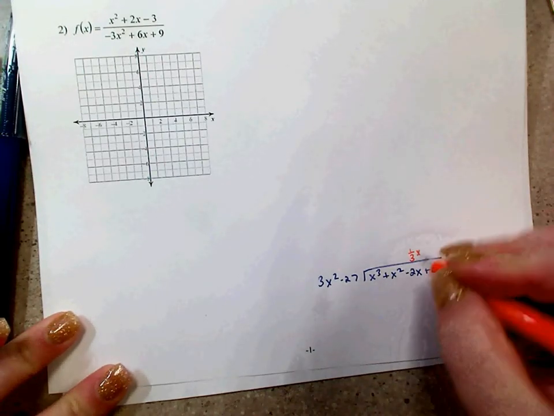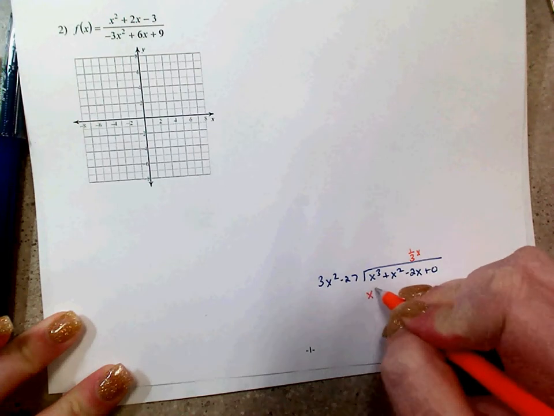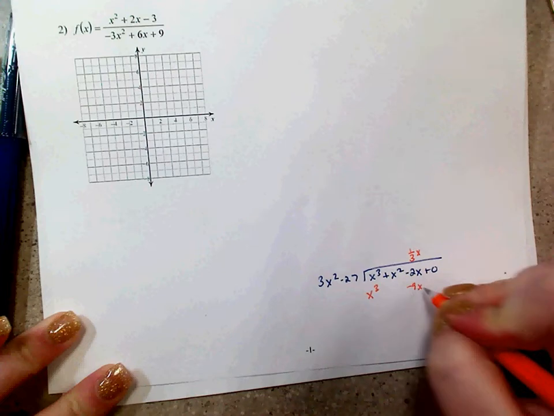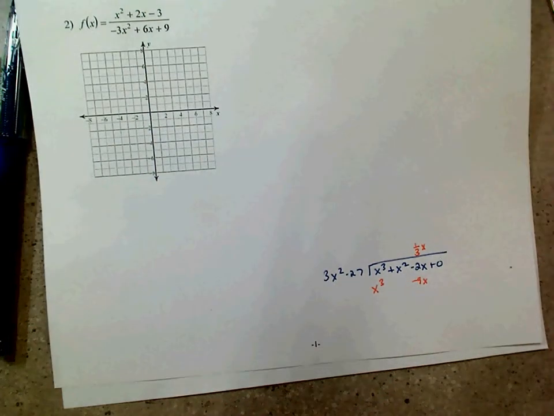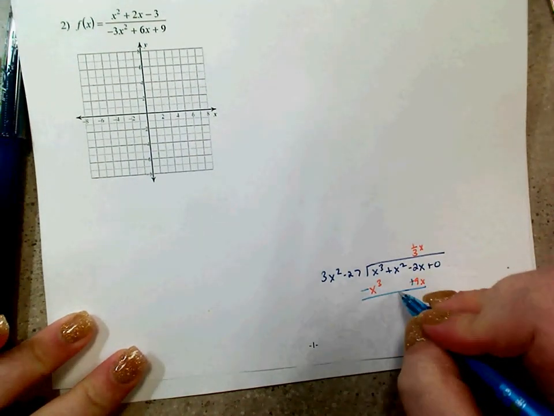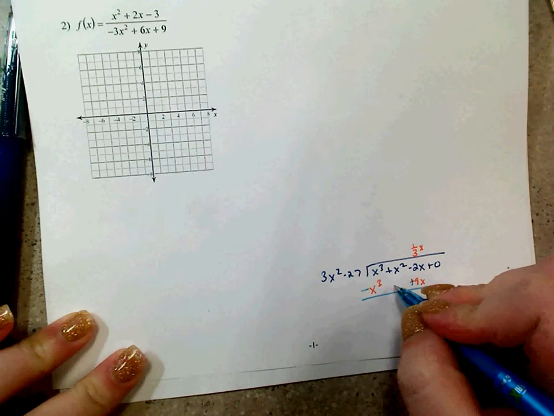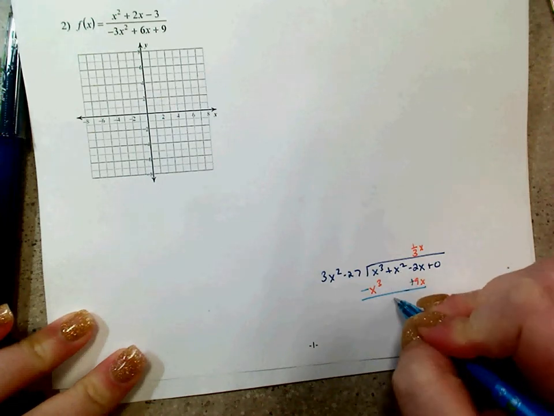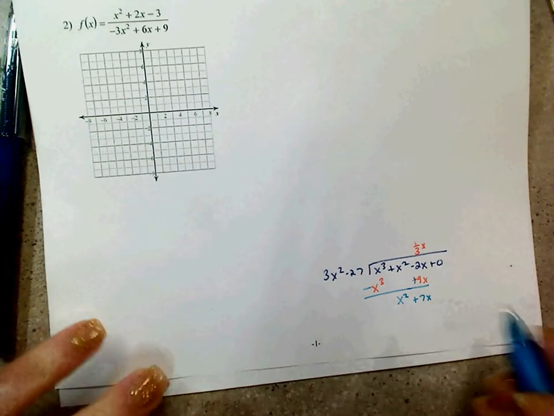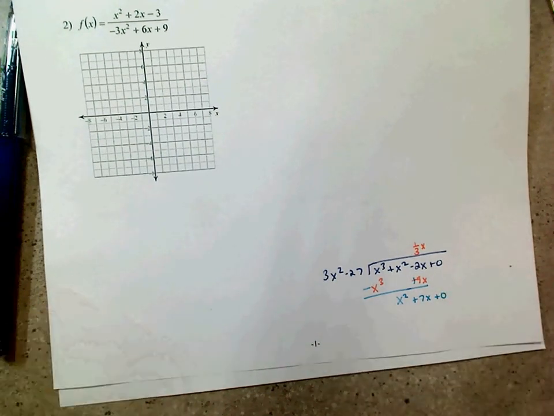So 1/3 x times 3x squared is x cubed, and 1/3 x times negative 27 is negative 9x. And then we need to subtract. So minus, plus, and then those cancel out. Consider there to be a plus 0x squared, so I just bring down x squared, and then plus 7x. I could bring down the 0, but all I need is that last term.